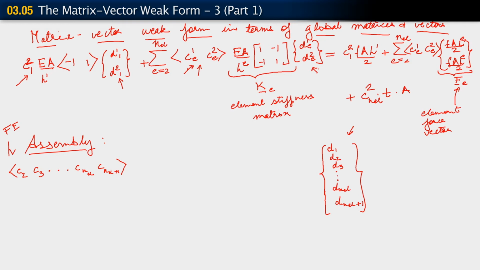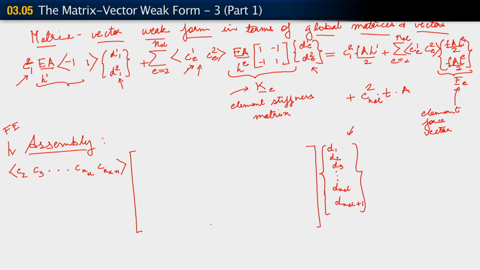Okay? Now, the contributions that come from stiffness terms such as this, or the stiffness matrix Ke, can be written in a big matrix, which I will sketch out and then fill up.